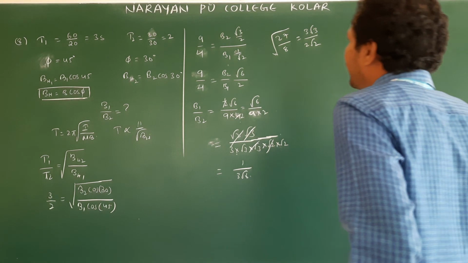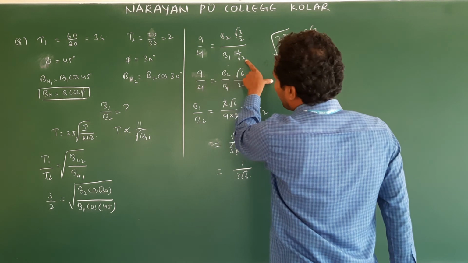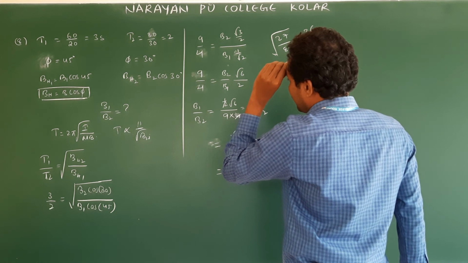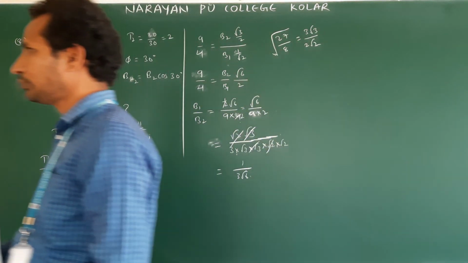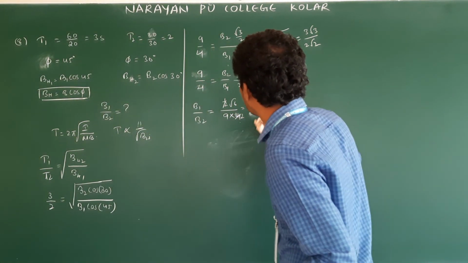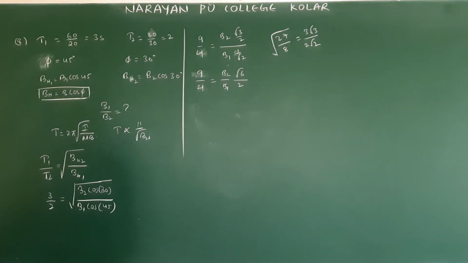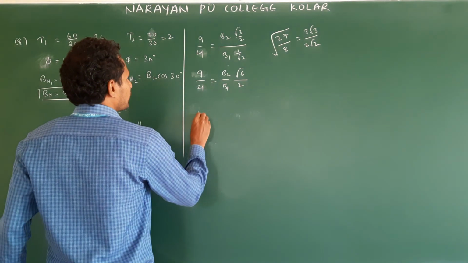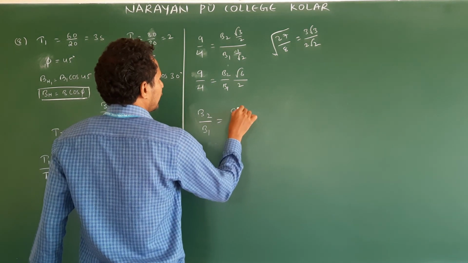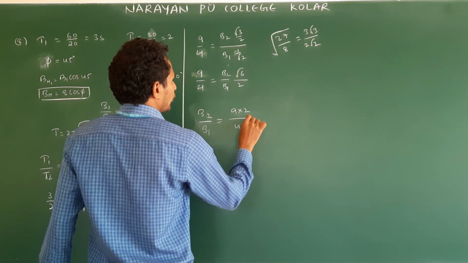Again we will check where we went wrong. So 3 by 2 square is 9 by 4, right? Cos 30 is root 3 by 2, right? Next, cos 45 is 1 by root 2, that is right. It goes up, it comes down, right? Clear? So B2 by B1 they are asking. Make B2 by B1 the subject. Then 9 into 2 by 4 root 6.